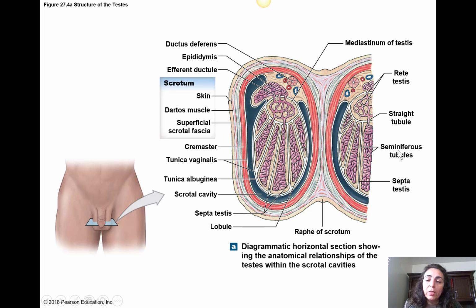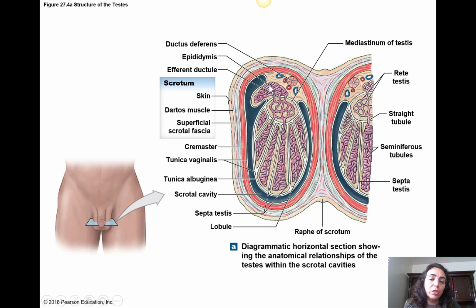Here you have seminiferous tubules. Seminiferous tubules are the tubules that are producing sperm. We're going to talk about its structure, how the sperm is formed and everything, right? Then these tubes continue toward the network and finally they get into the epididymis here.